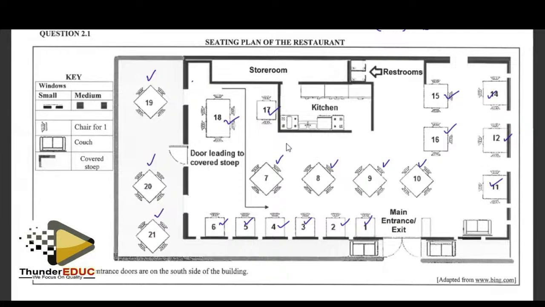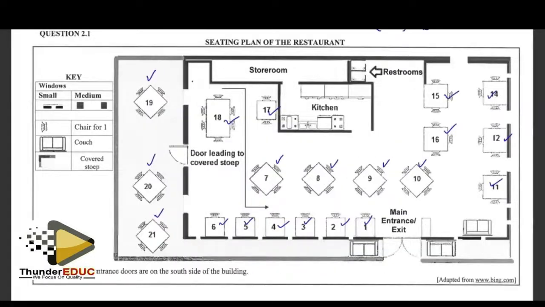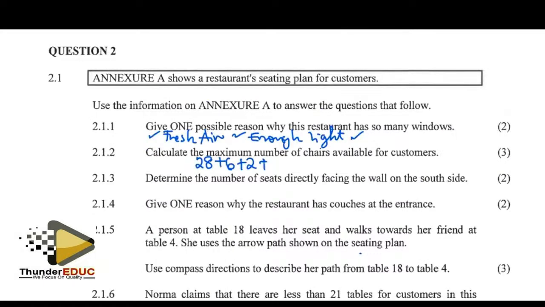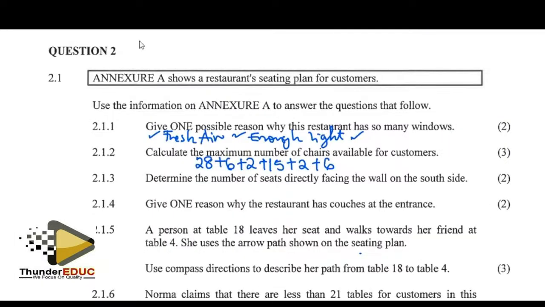So we've seen it's 28. 28 plus 6 plus 2 plus 15 plus 6.